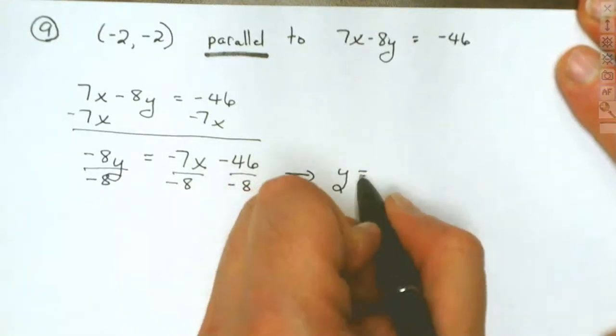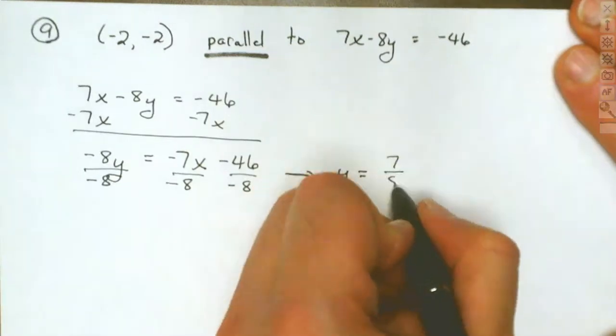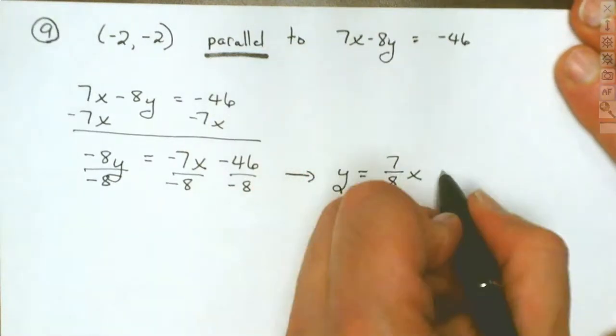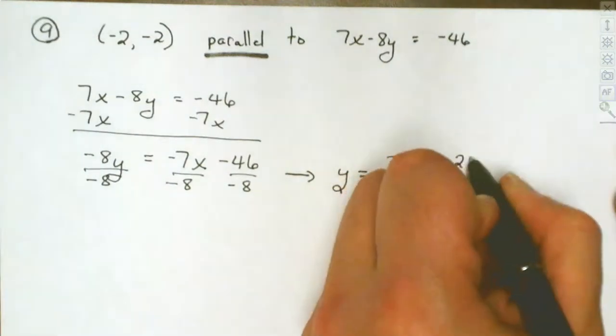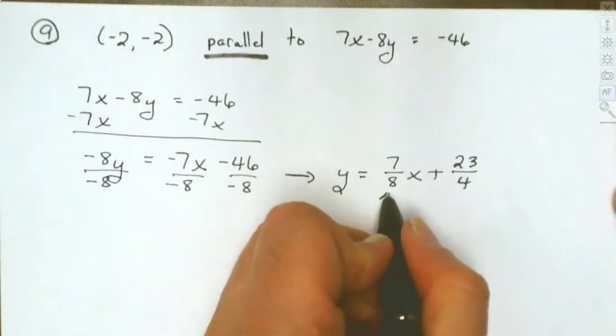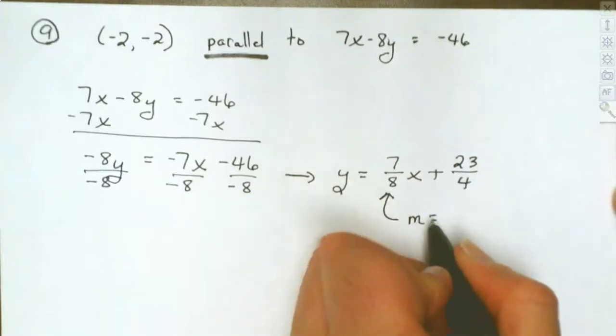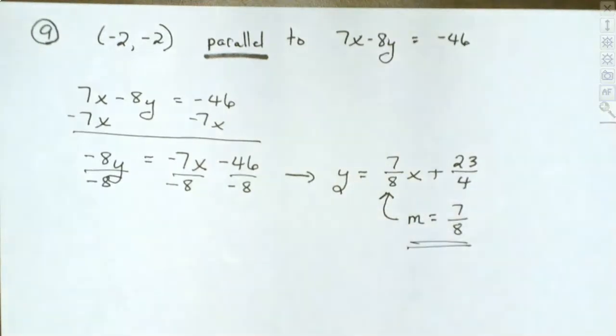We'll solve for y to be y equals now 7/8 x. And we can reduce this one down a little bit by a factor of 2, I believe. Because that's going to reduce down to be a 23 over 4. And we don't really care about the ending part. All we care about is our slope, which is 7/8.